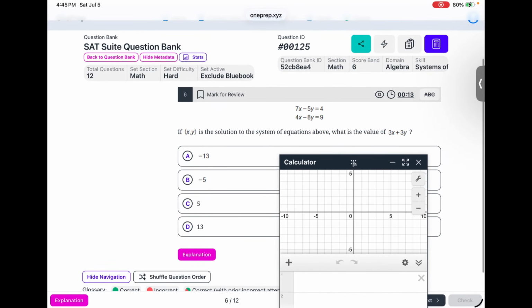So we're going to want to go right here, and we're going to want to type in 7x minus 5y, and then regression, it's going to be 4, and then of course we're going to put y1.